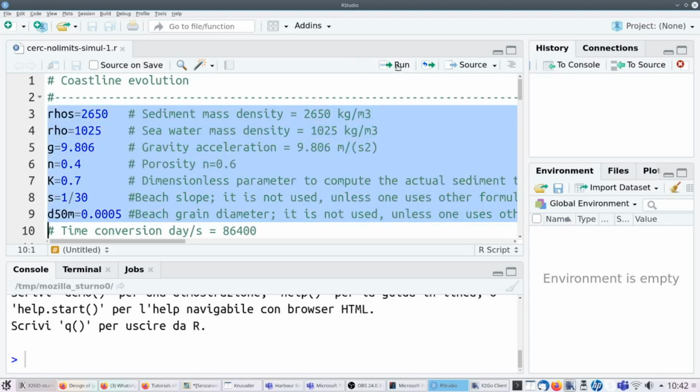Either I can click on Run. If you look in the upper part of the console, you see where the black rectangle appeared, there is a description: run the current lines or selection. This is a possibility. You can click on Run, or you can press Ctrl plus Enter.